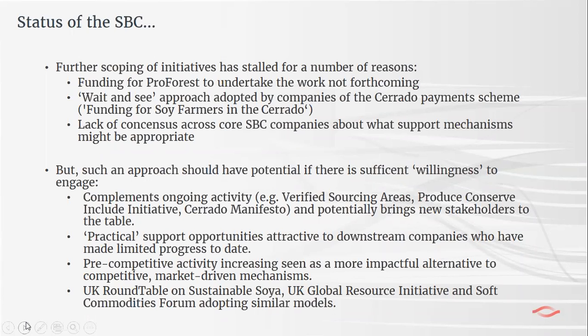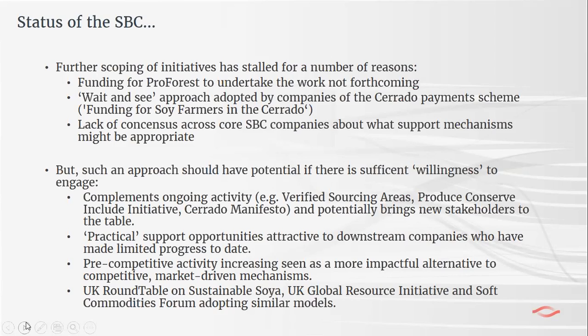There were some other issues that we did experience, which are sort of lessons for this engagement process. Whilst we had fairly good consensus around the priority municipalities and that process across companies, what we experienced when we were starting to identify initiatives was that there was quite a lack of consensus across companies on the type of initiatives that might be supported, and that ultimately comes down to the particular priorities that those companies had when it came to their own commitments and their own supply chains.